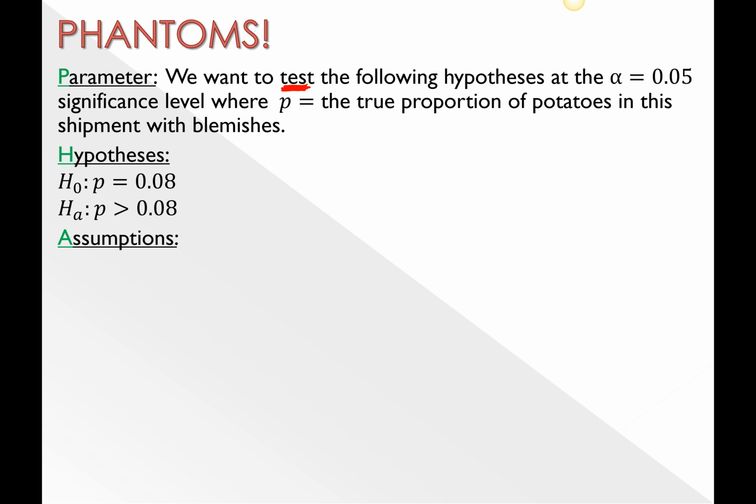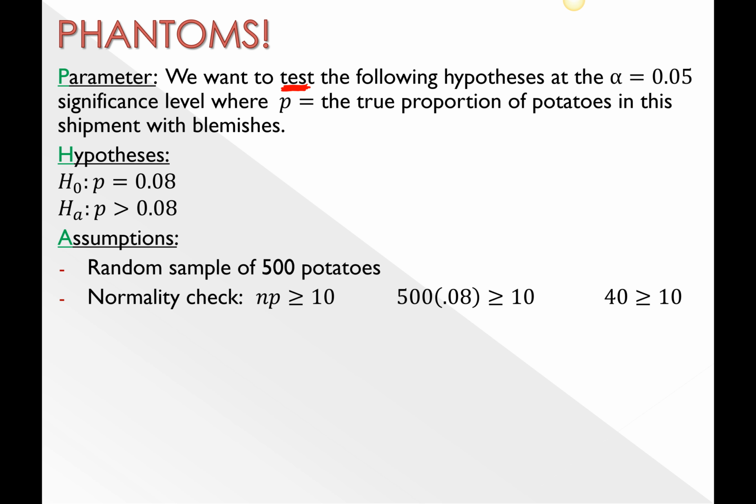We're going to state our assumptions. We have a random sample of 500 potatoes from the shipment. We use that random sample to determine if we're going to accept or reject this truckload. We do need to check for normality.